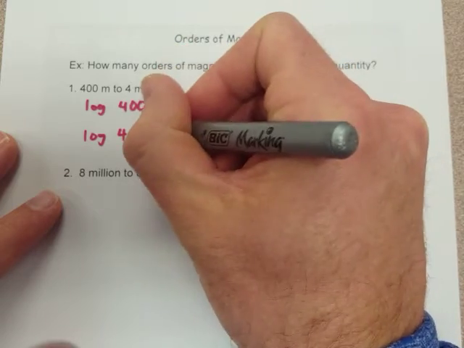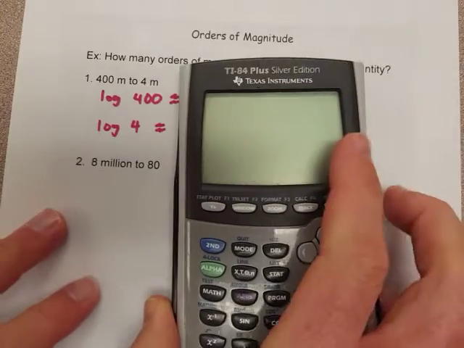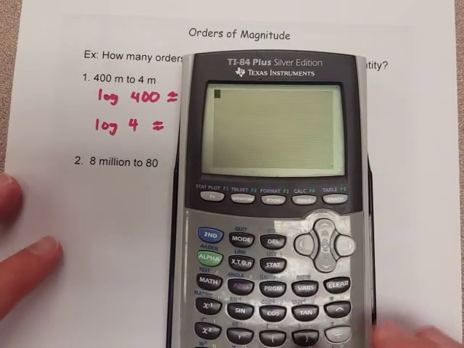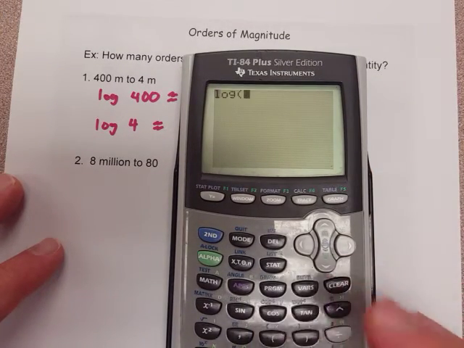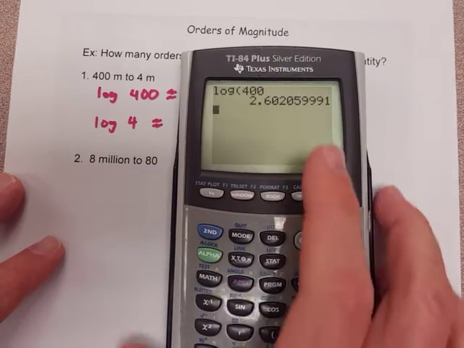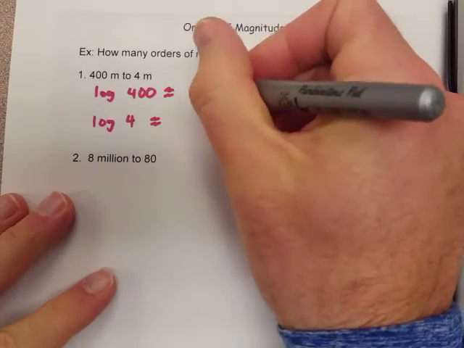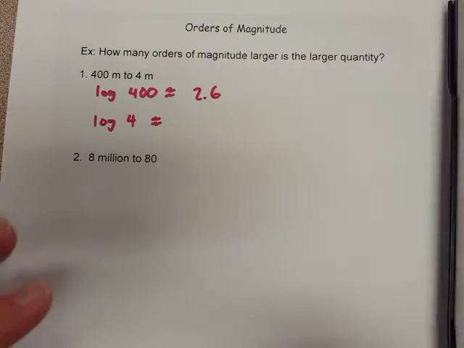Now, I'm just going to punch this in on the calculator. That's all you really can do with this one, is just say, all right, log of 400. Okay, so that's about, rounding it to 1 decimal place, that's about 2.6.